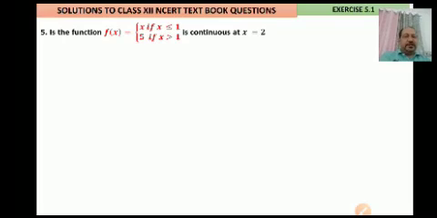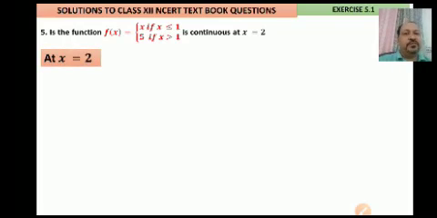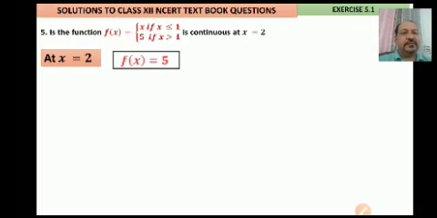Again the same question, and you have to check the continuity of this function at the point x equal to 2. In the same way, you can prove the continuity of the function at x equal to 2.